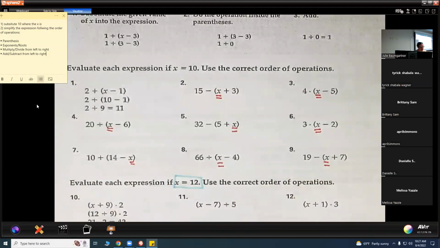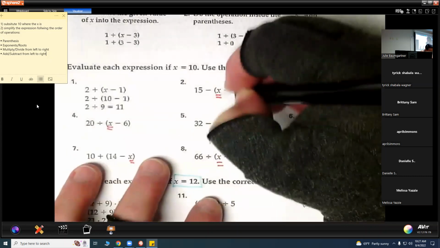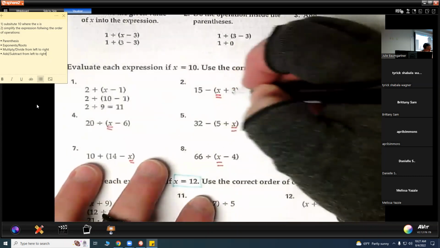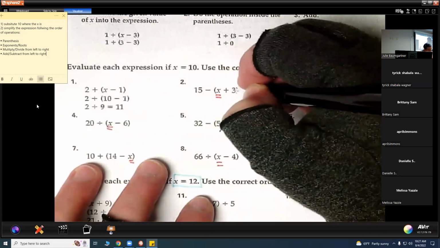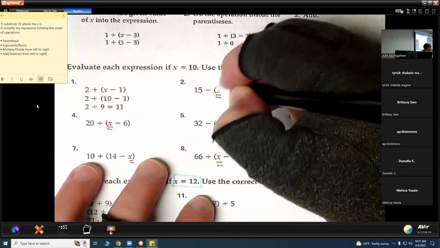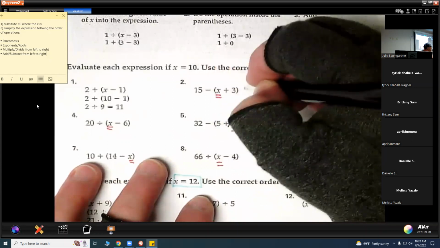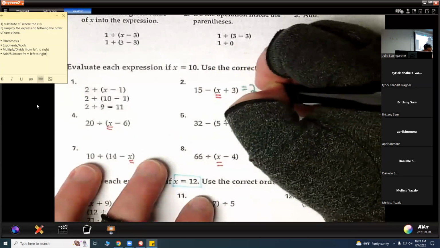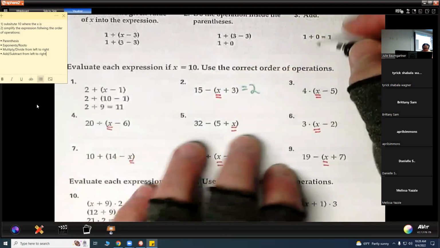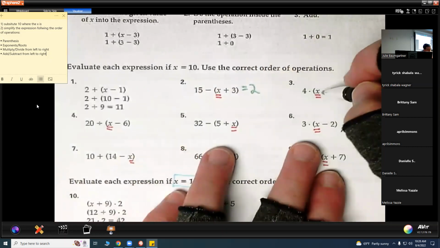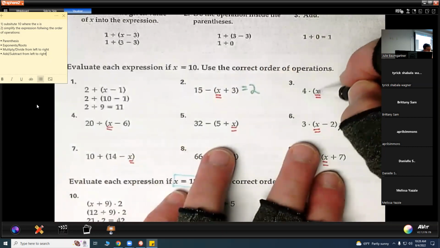So for number 2, we're going to insert a 10. So 10 plus 3 is 13, and then 15 minus 13 is 2. Hopefully everyone got that one. Number 3, we're going to put our 10 right here.